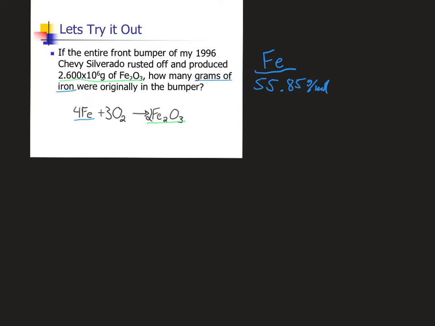I then need the molar mass of iron 3 oxide.